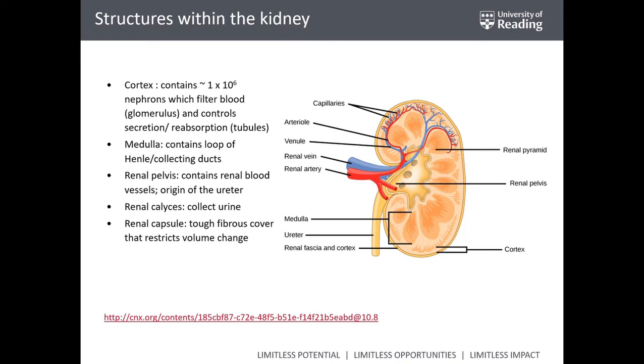The renal pelvis or hilus contains the renal blood vessels and is the point of origin of the ureter. Both the major and the minor calyxes collect the urine coming from the nephrons, while the renal capsule, as I said, is the connective tissue which encloses the kidney.